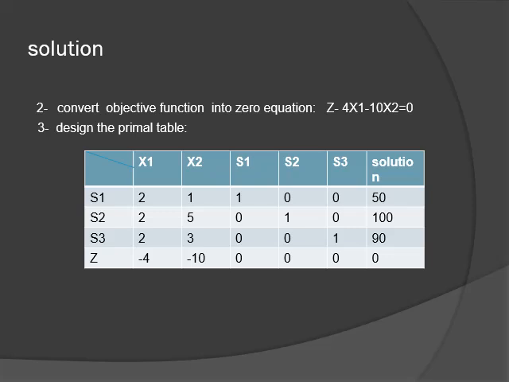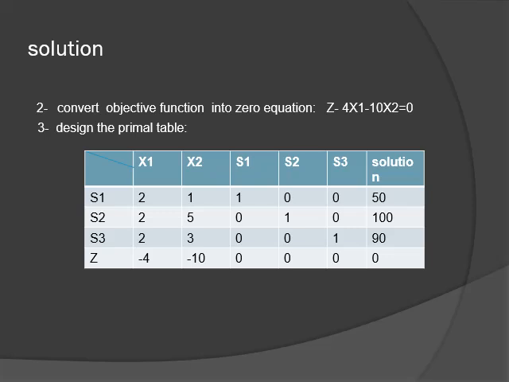So we pushed the 4x1 and 10x2 to the left side, and we got Z minus 4x1 minus 10x2 equals 0. This is a zero equation.